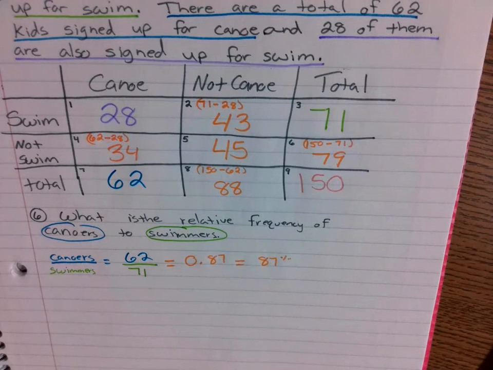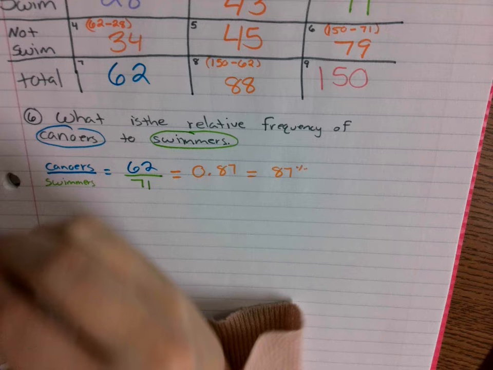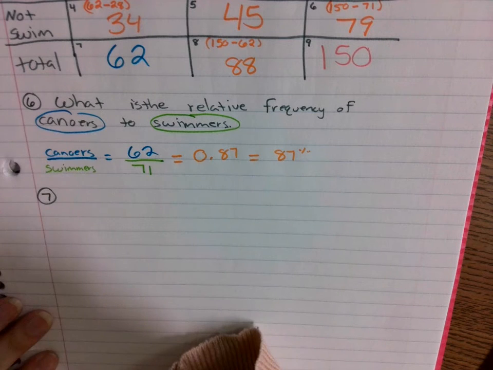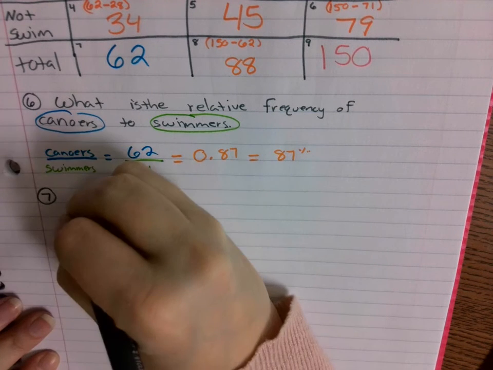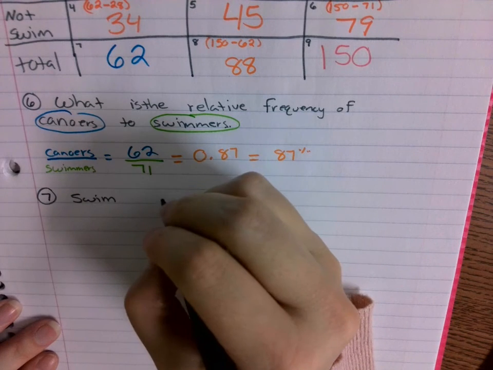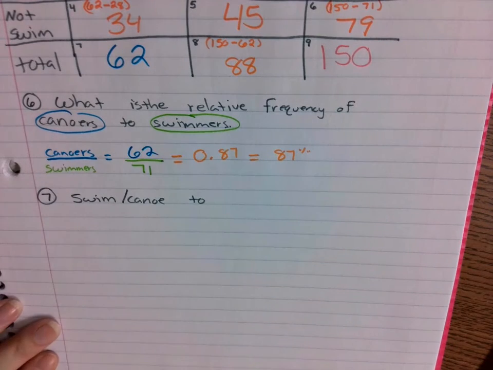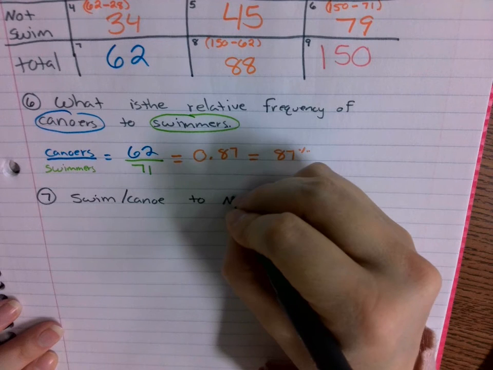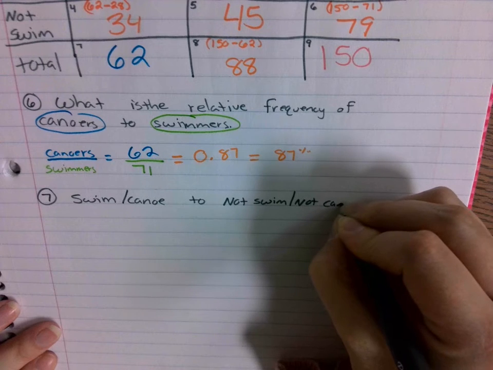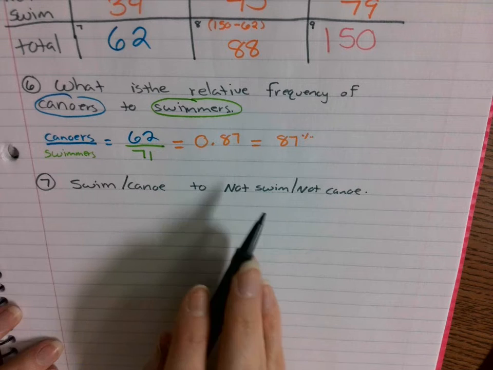Okay, why don't you guys try a couple of these on your own. Relative frequencies. Find the relative frequency for swim and canoe compared to not swim, not canoe.